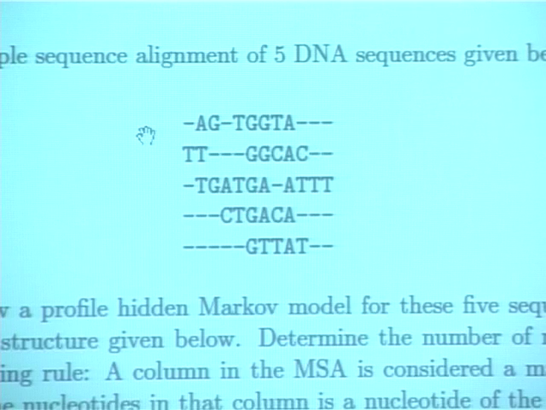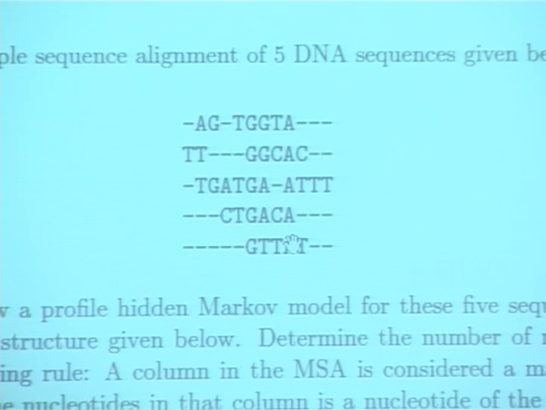Immediately when I'm writing this, I also notice that each column in this alignment corresponds to a state in the hidden Markov model. In other words, I already know the T, T, T, G, G, G, and A, A, A columns are my match states. Any other column in the alignment corresponds to an insert state. There's no column in the alignment that corresponds to a delete state, because delete states are inside the match columns.